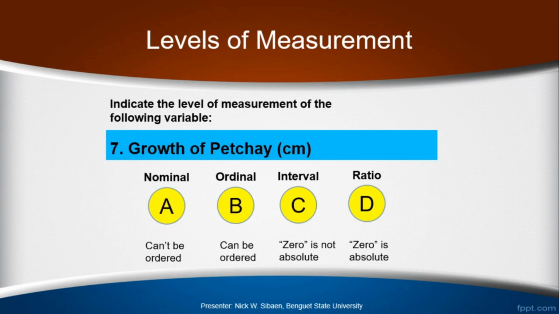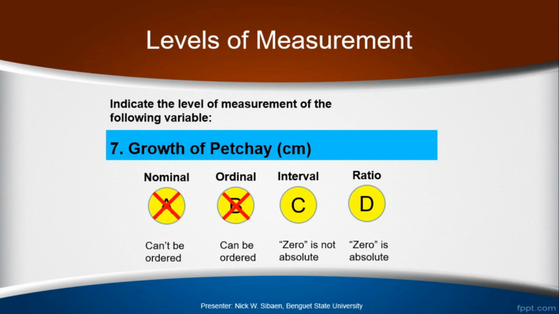And I believe this is the last one. Growth of Petchay, measured in centimeter. You have your clue word there, measured. So it's numerical. It cannot be nominal nor ordinal. Is 0 absolute when you are measuring?